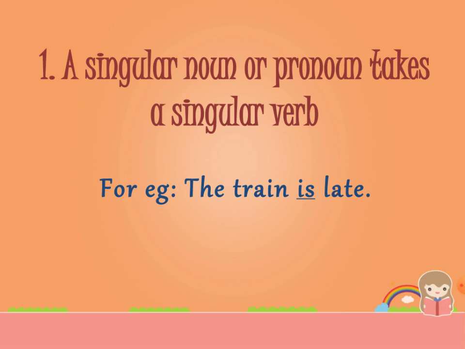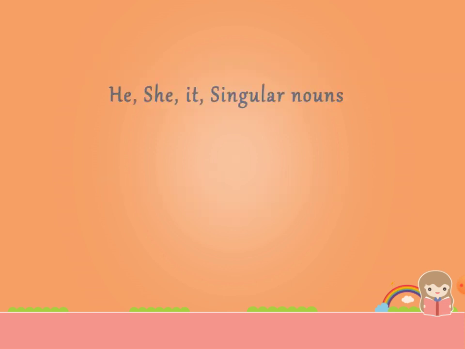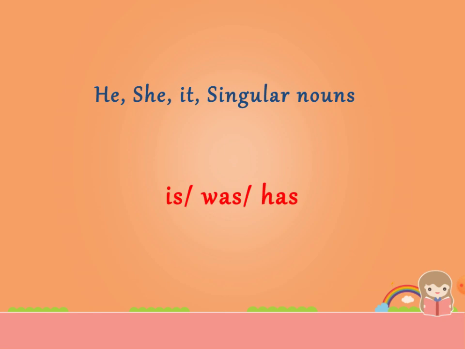So with the singular subject, you will use the singular verb is. So dear children, whenever you get a singular pronoun like he, she, it, and whenever you get a singular noun, you have to use a singular verb: is, was, has.